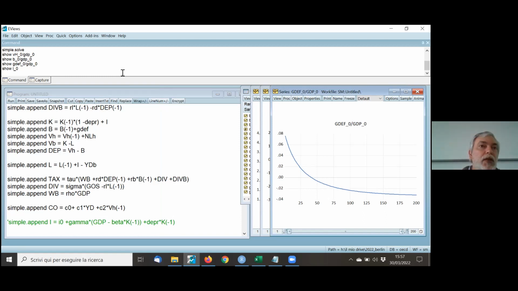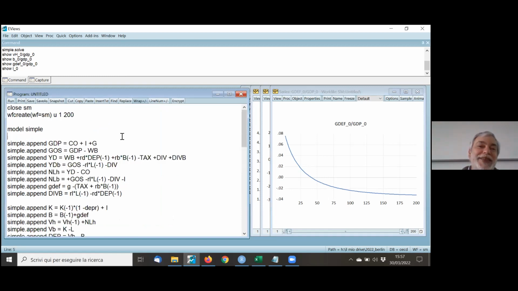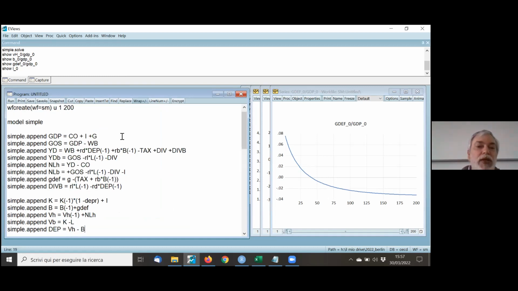Oh, I see where the problem lies. This is something I should have remembered. Now, when you have depreciation, you don't want to distribute the profits that need to finance depreciation. And this is where the problem lies.